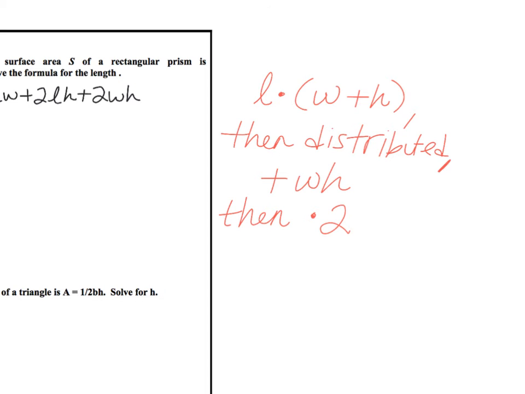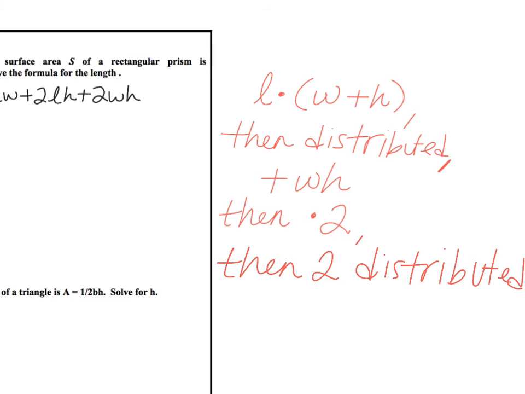And then 2 was distributed to all three terms. That is what happened going forward. That is how they put the equation together.